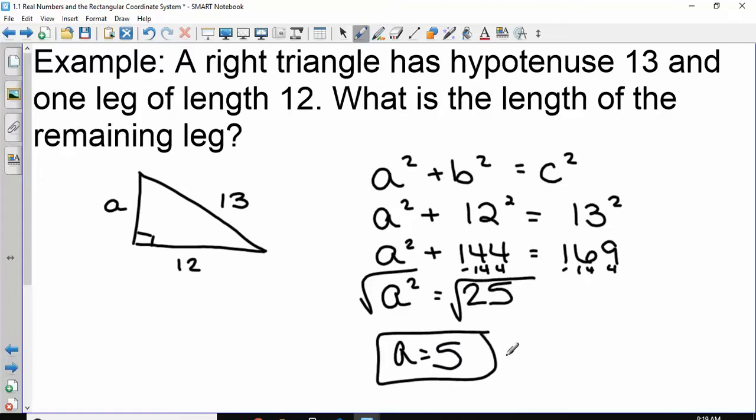Again, if it's not a perfect square, if it were like the square root of 50, you just break down your radical as far as you can. Questions there?